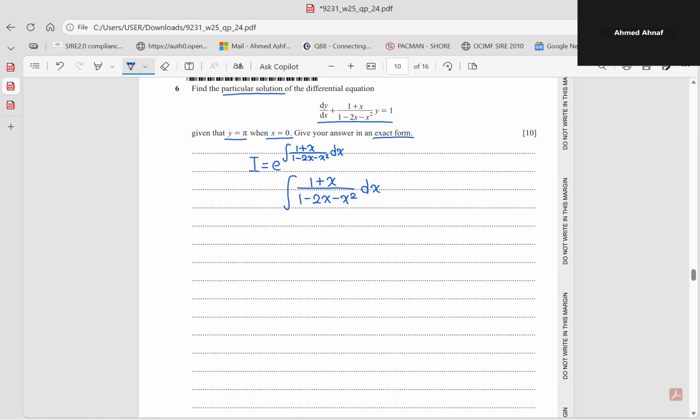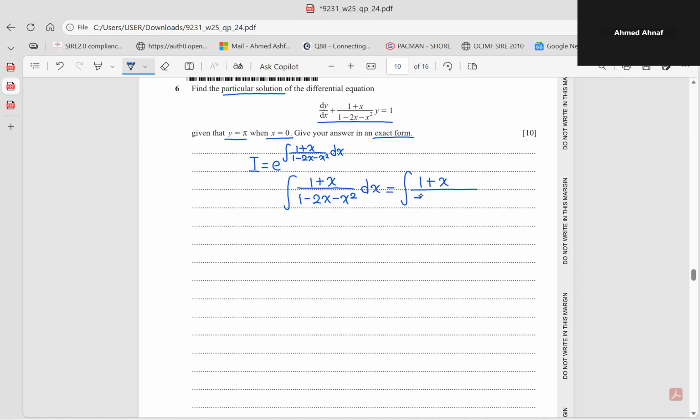Unfortunately, it doesn't have whole number solutions, so it's not factorizable. So we would have to complete the square for the denominator first. Okay, so let's start off by doing that.